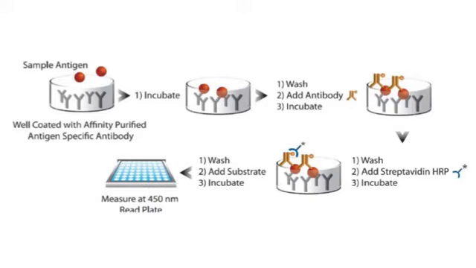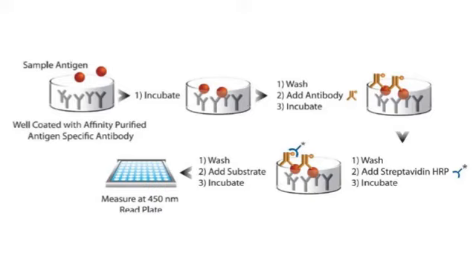So these antibodies specifically bind to the antigen. After that, we do a washing step and add the secondary antibody, which is enzyme linked, mostly HRP, horseradish peroxidase.